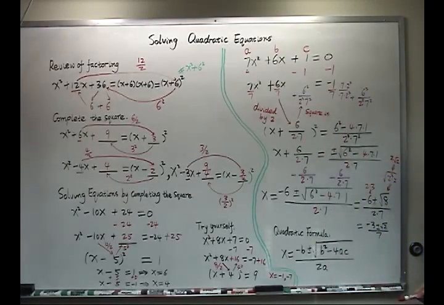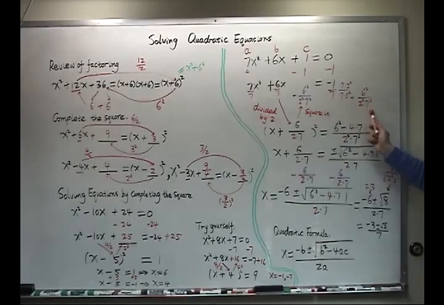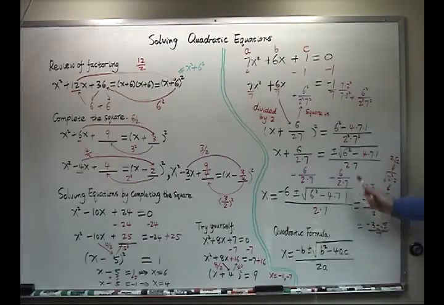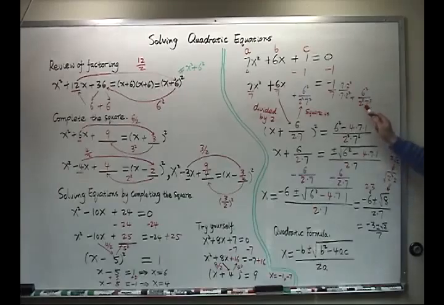On the right hand side, we have to add negative 1/7 plus this number, 6 squared over 2 squared times 7 squared. You know, negative 1/7 add on this one, we have to make the denominators the same. We have a 2 squared here, 7 squared here, and here we only have a 7.